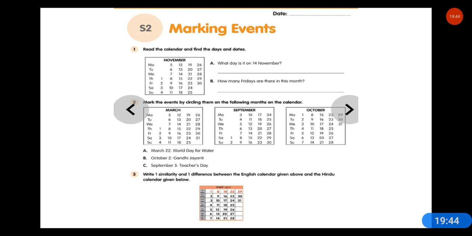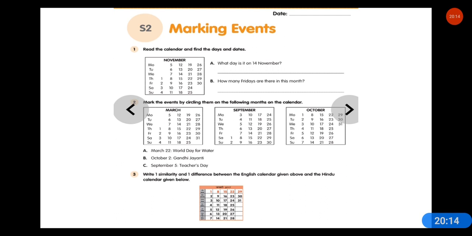Right? Question number 2. Mark the events by circling them on the following months on the calendar. A. March 22, World Day for Water. So you have to circle 22 in the month of March, which is observed as World Day for Water.